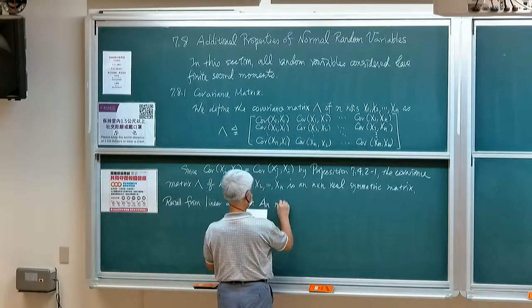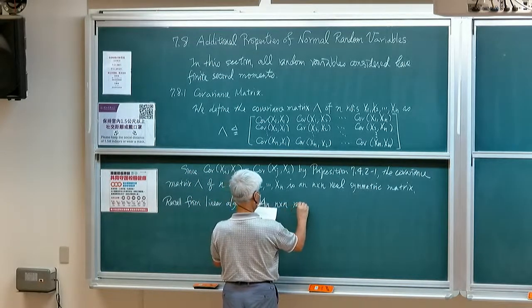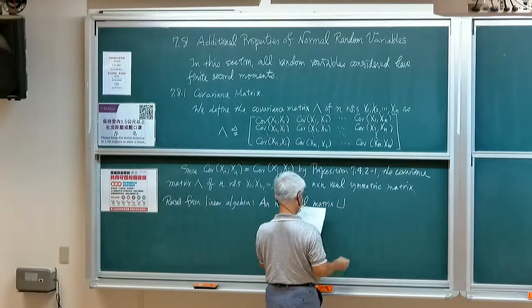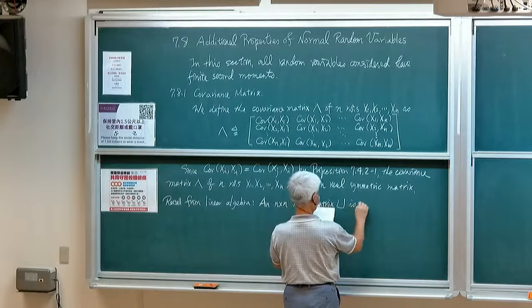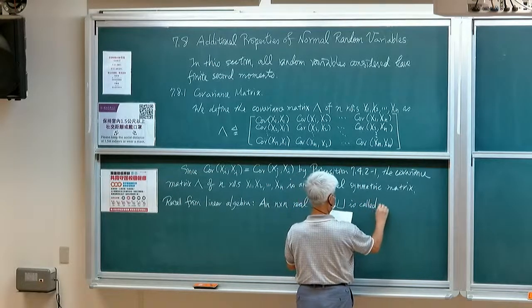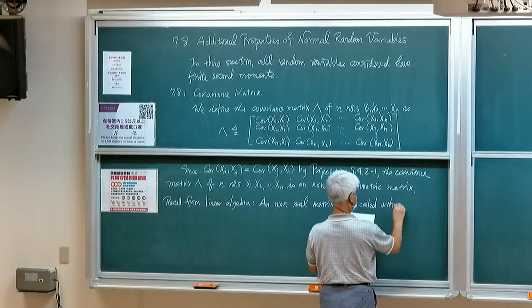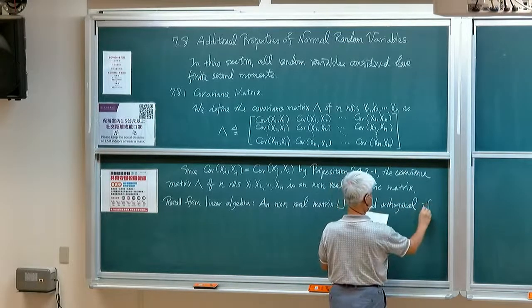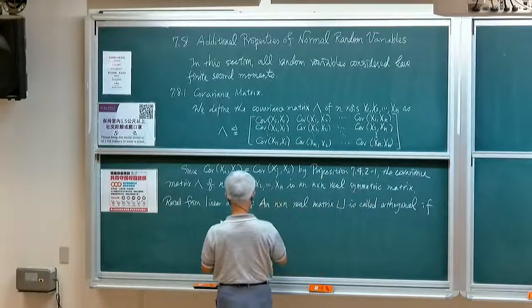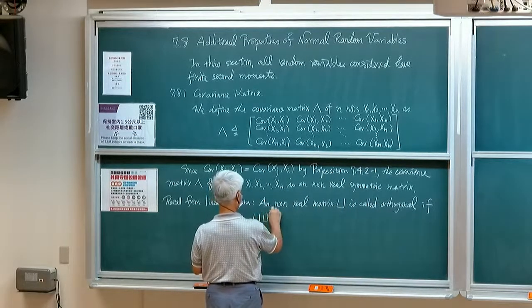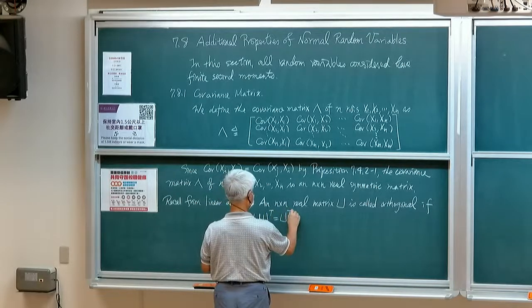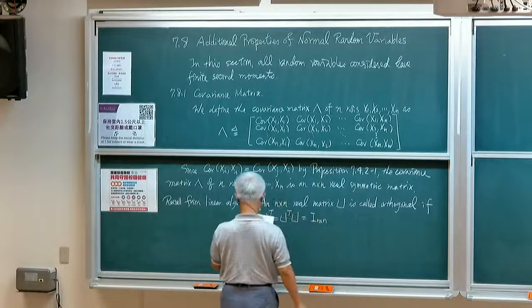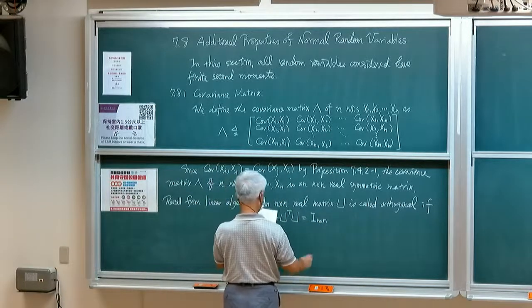So now an n times n real matrix U is called orthogonal if U times U transpose equals U transpose times U equals the identity matrix. Okay.